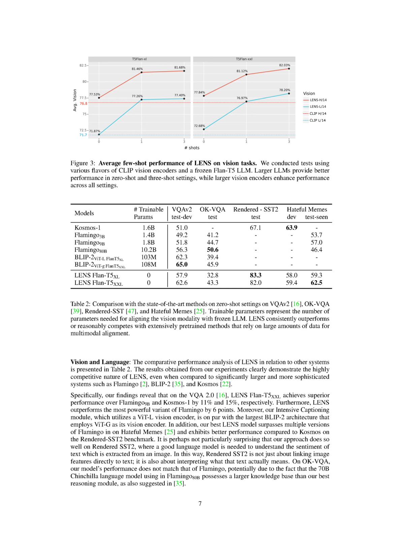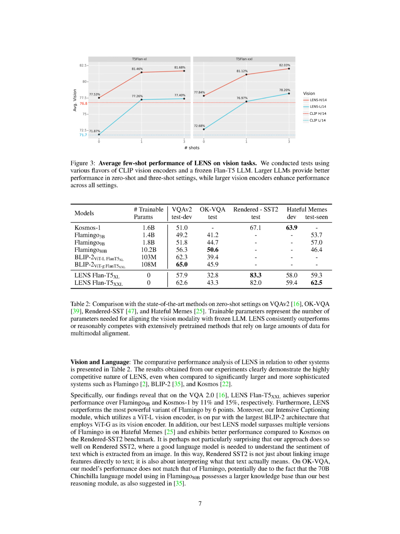This test isn't just about connecting image features directly to text, it's also about interpreting the actual meaning of that text. However, on the OK-VQA test, our model's performance fell short of matching Flamingo's. This may be due to Flamingo 80B's use of the 70B Chinchilla language model, which has a larger knowledge base than our best reasoning module.